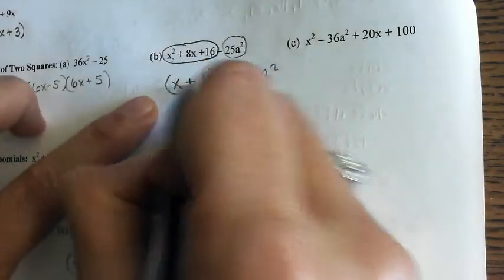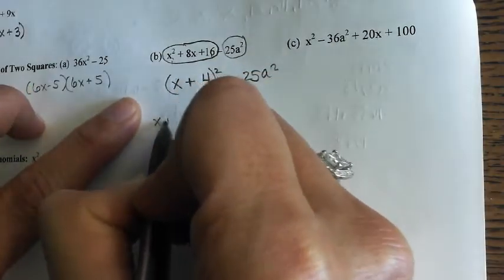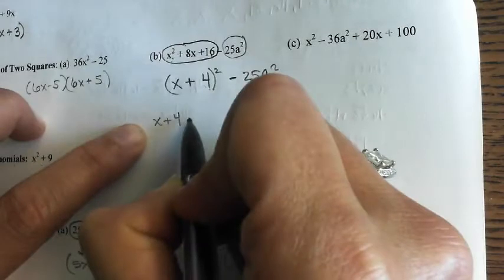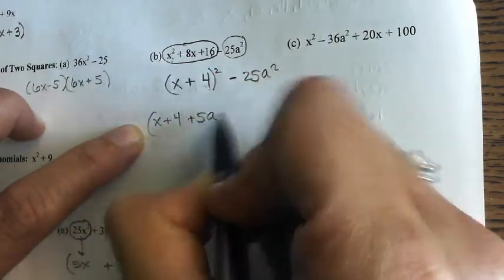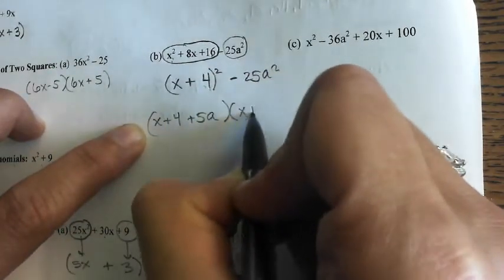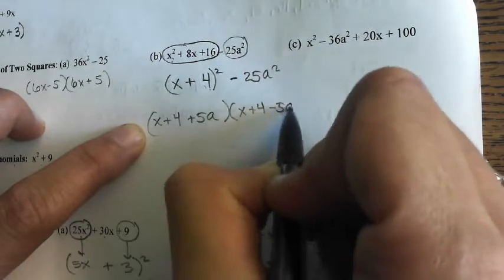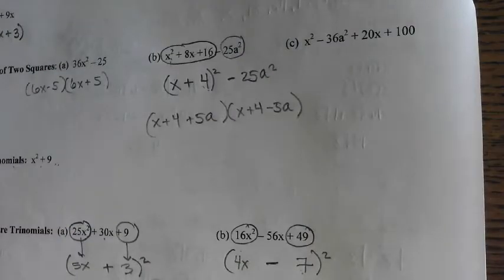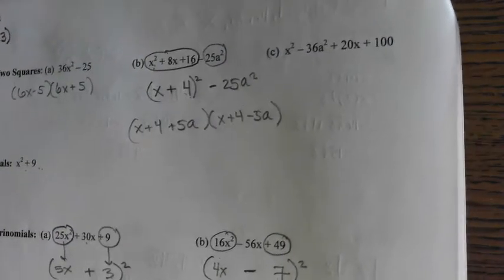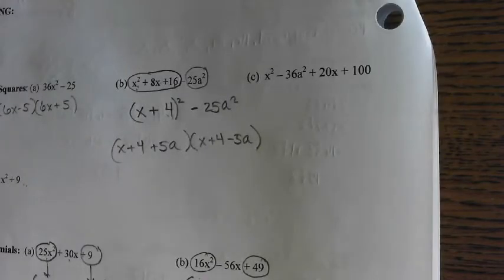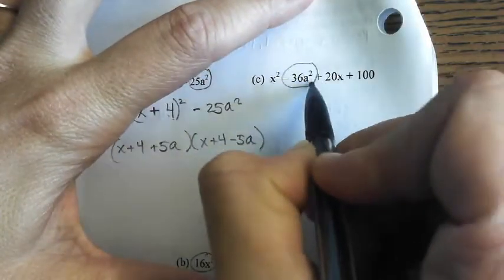So the square root of this is x plus 4, and it's going to be plus a 5a, and then an x plus 4 minus a 5a. And C is the exact same problem, just needs a little rearranging. That minus 36a squared needs to be moved to the end.